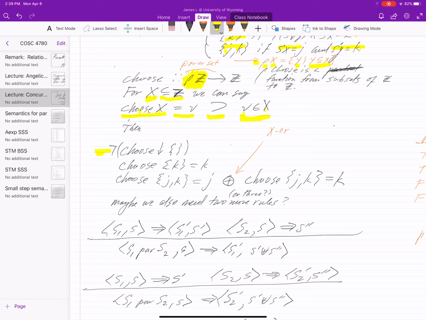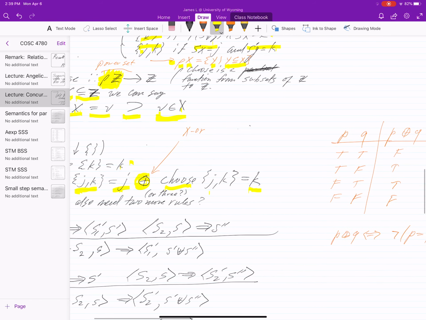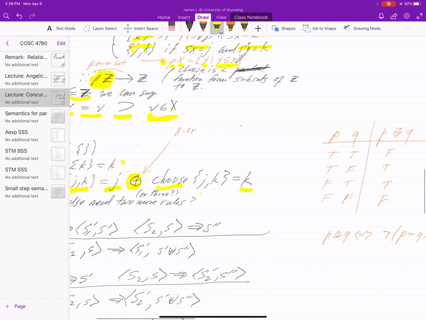And choose of a singleton, well, that's easy. You just have to prove the one thing, and then it is the case that K is in the singleton set K. And then choose of a 2-element set J, K is either equal to J, or choose J, K is equal to K. So you have to remember exclusive or.